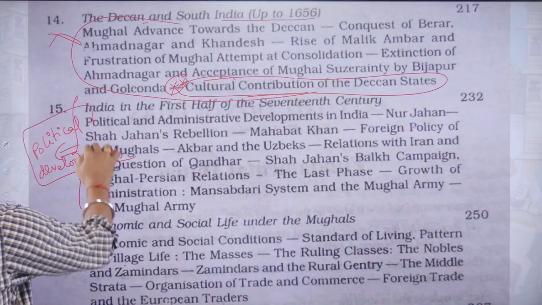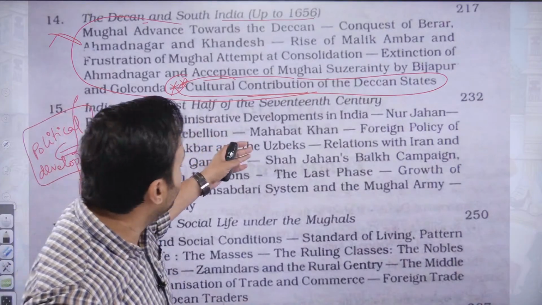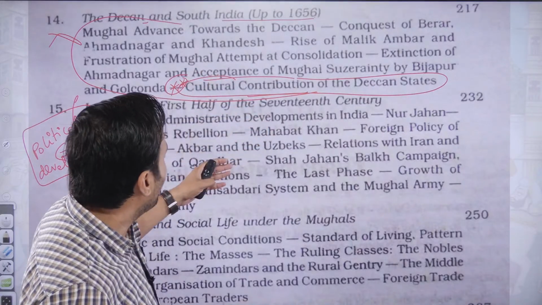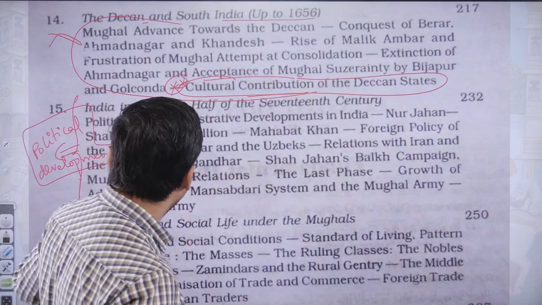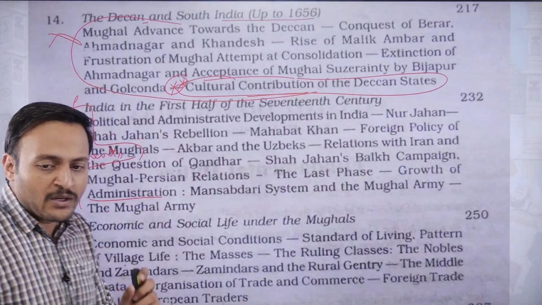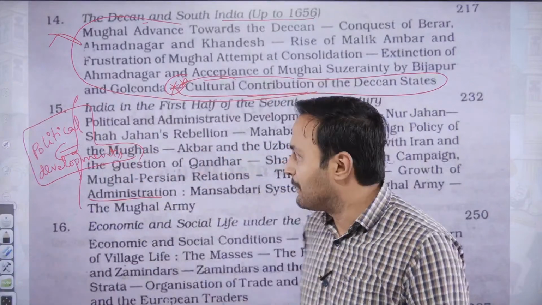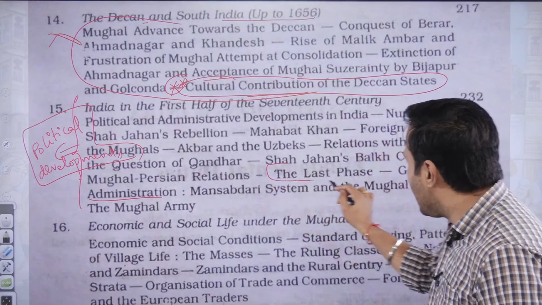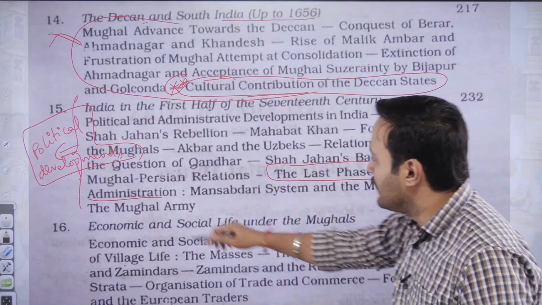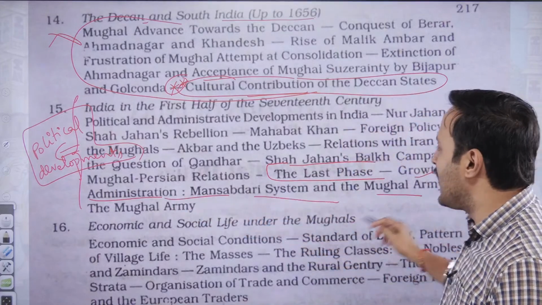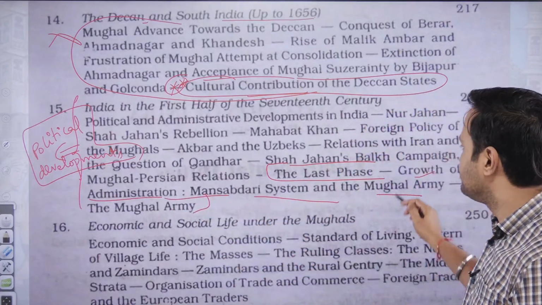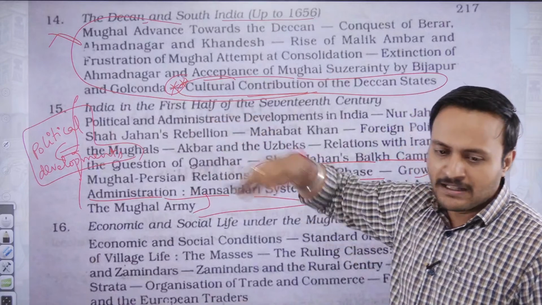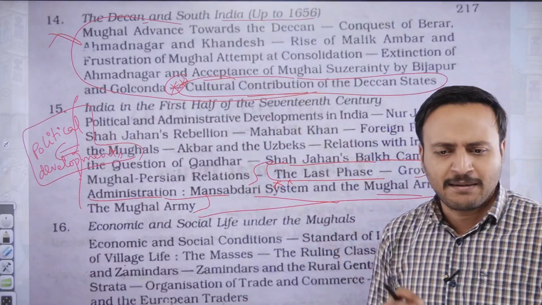Now guys, when I am talking about the political developments, like Shah Jahan's rebellion against Jahangir, or foreign policy of the Mughals, or conquest of Kandahar, in this particular chapter only the topics beginning from the last phase, growth of administration, Mansabdari and the Mughal army, this particular part is important. Otherwise, the entire chapter is not important. You can leave that chapter.